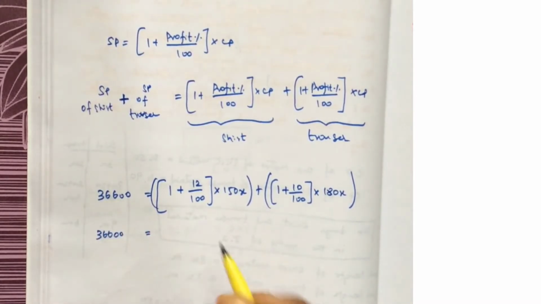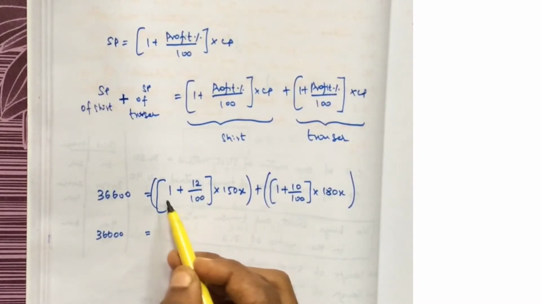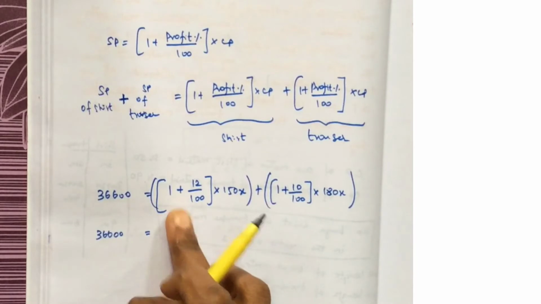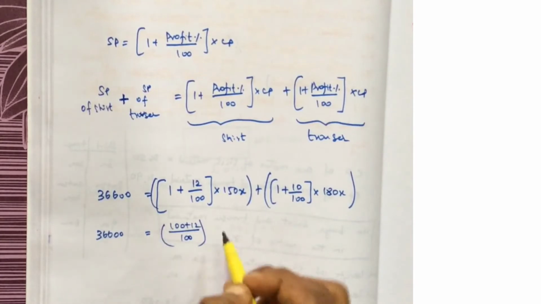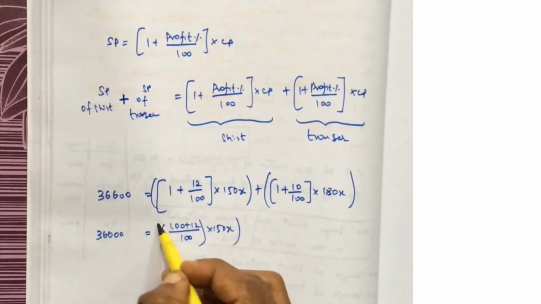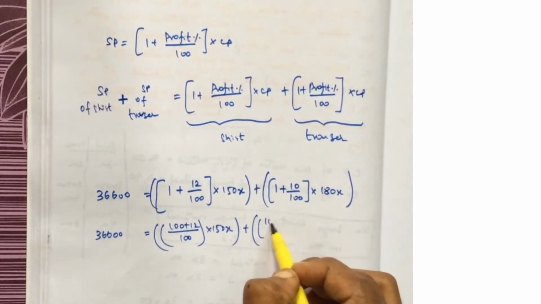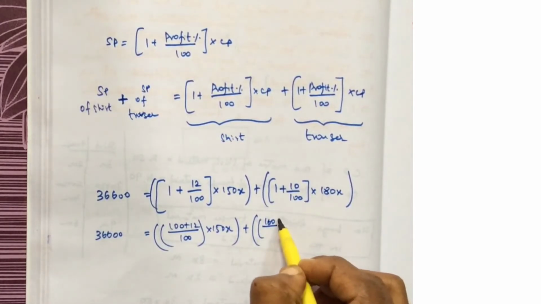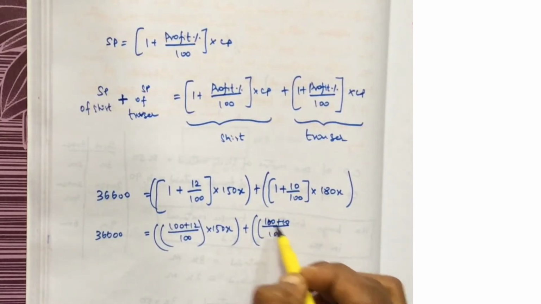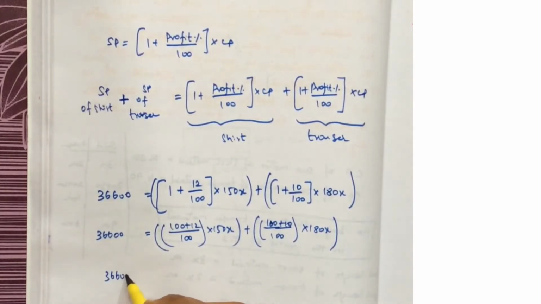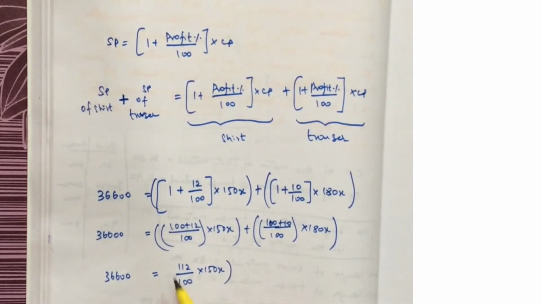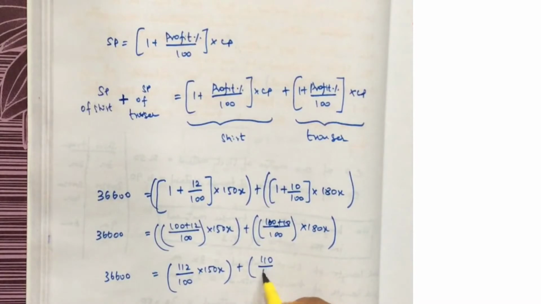36,600, that is equal to 1 plus 12 by 100. You have to take LCM here, that will become 100. So this becomes 100 plus 12 by 100 multiplied by 150x plus 100 plus 10 by 100 multiplied by 180x. 36,600 is equal to 112 by 100 multiplied by 150x plus 110 by 100 multiplied by 180x.